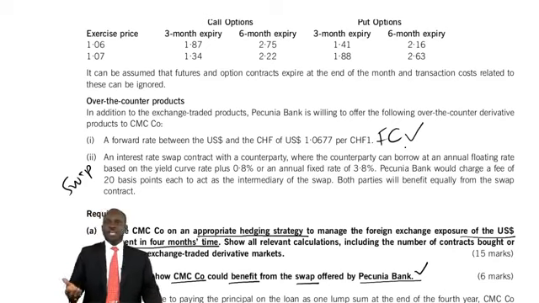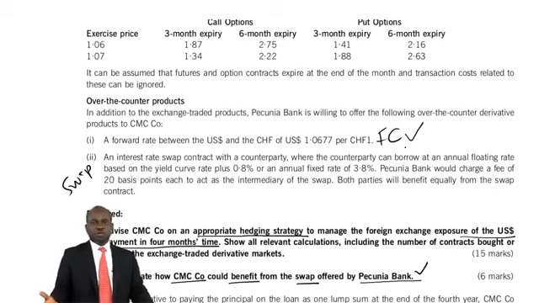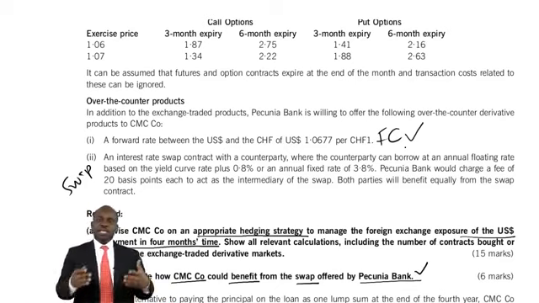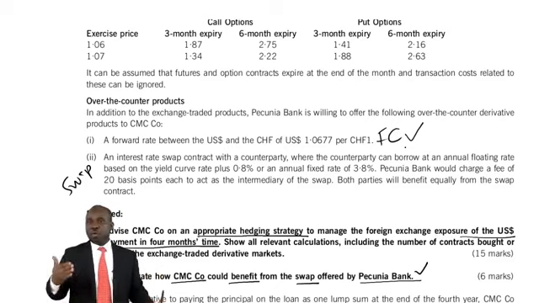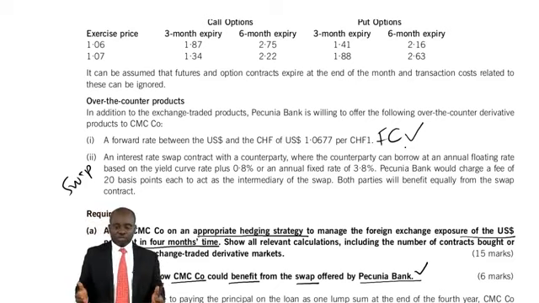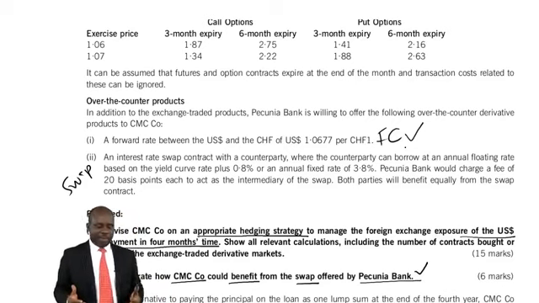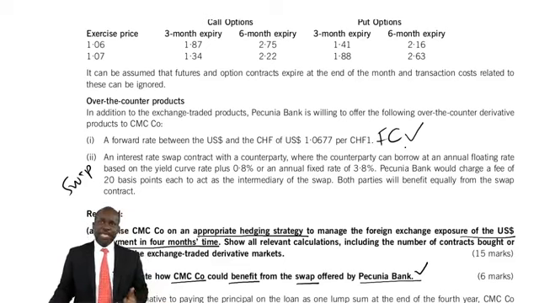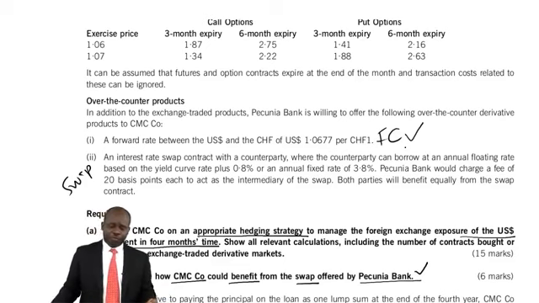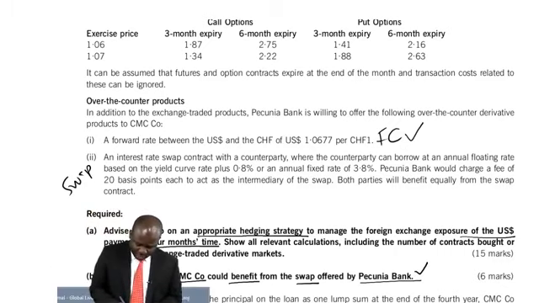I don't see interest rate of borrowing and interest rate of lending between US and Switzerland. If I had been given the lending and borrowing rate in Switzerland and the USA, then I could think of also using money market. Since that is not given to me, I cannot think of using the money market. So the applicable hedging strategies I can use to hedge that US exposure are simply the forward contract, the futures, and then the options. So we're going to take them one by one and start working on that.